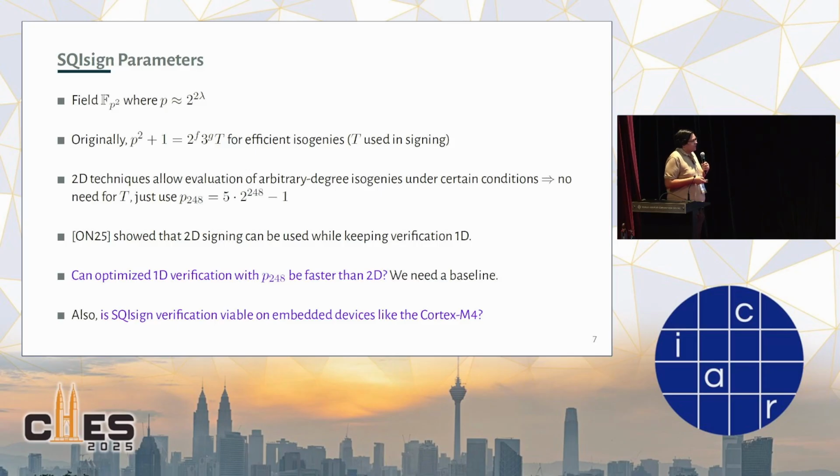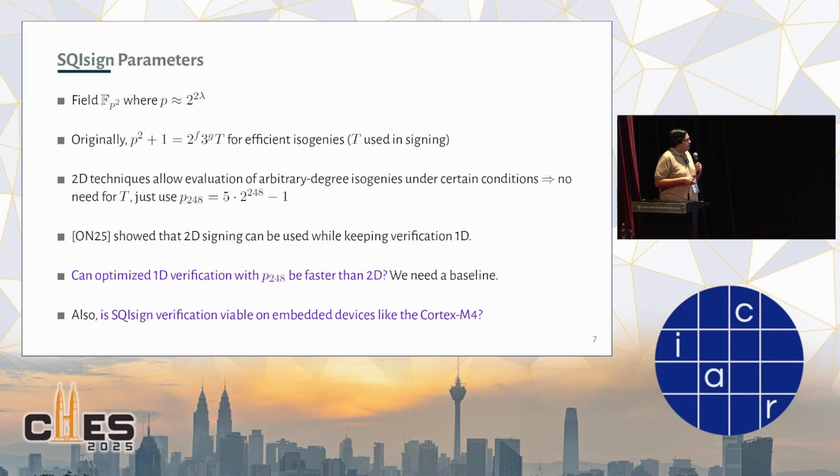What Onuki and Nakagawa show later is that with this hybrid scheme, where signing is 2D but verification is 1D, 1D verification can also be made to work with this prime, which is a lot better than the previous prime. This prime is better not only because it's going to allow you to do 2-isogenies very fast, it's also going to accelerate the entire field arithmetic because it is extremely Montgomery friendly.